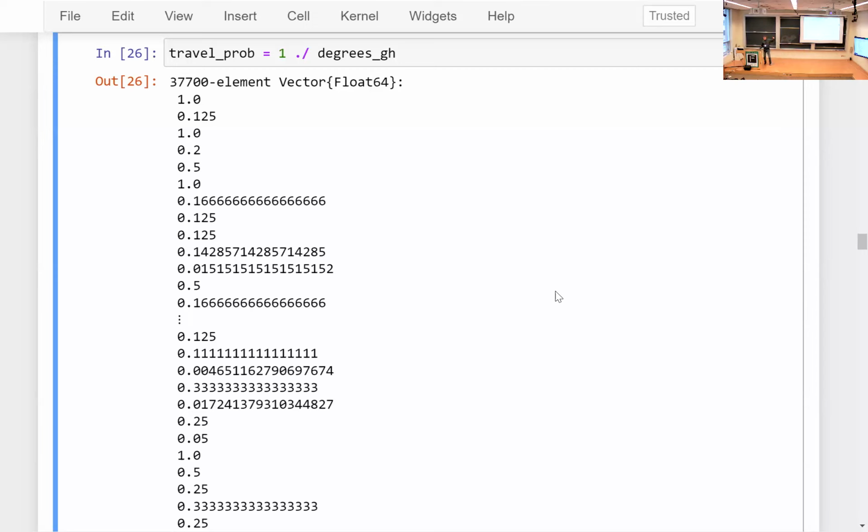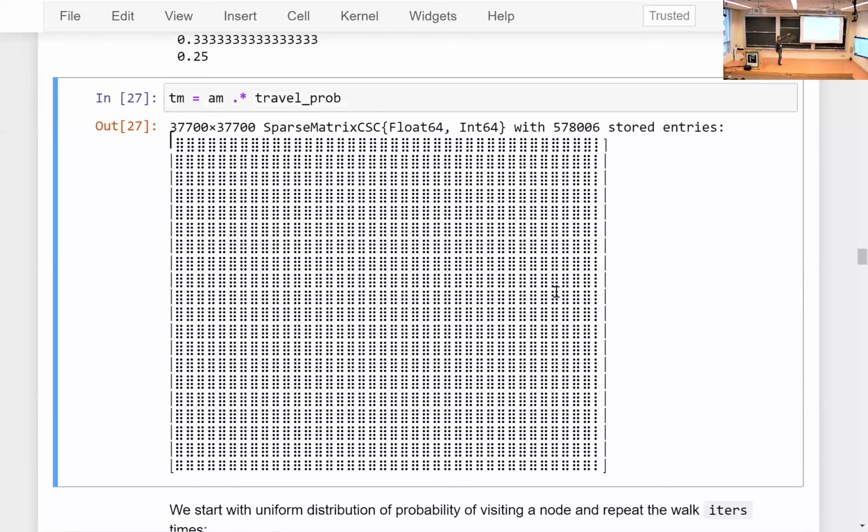Well, I have those travel probabilities per unit. And now if I multiply my adjacency matrix by this vector, I get a transition matrix. And this transition matrix is not symmetric anymore.